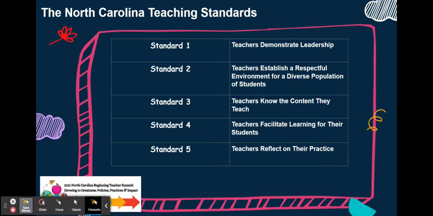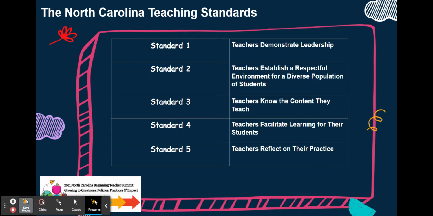And then also understanding the code of ethics. This standard really challenges you to think about your position as a leader in your classroom.